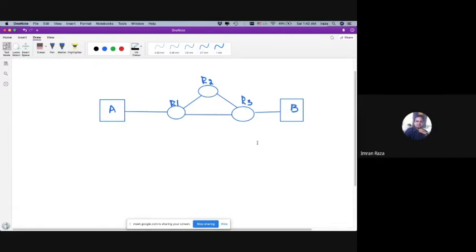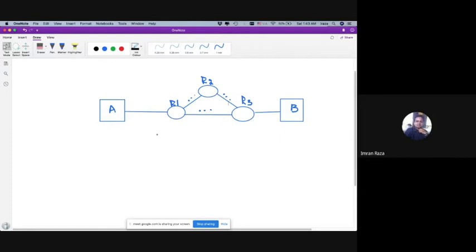And in this scenario, we can have a complex scenario where many routers are involved in order to reach from A to B.